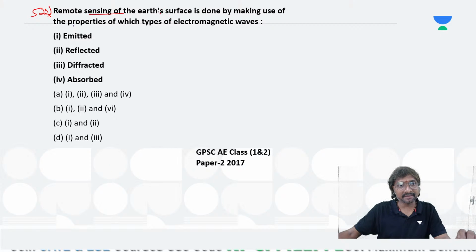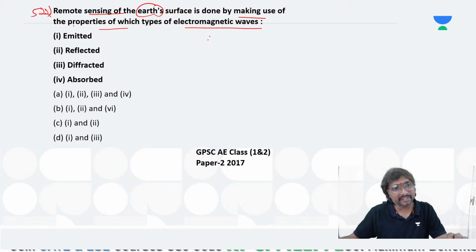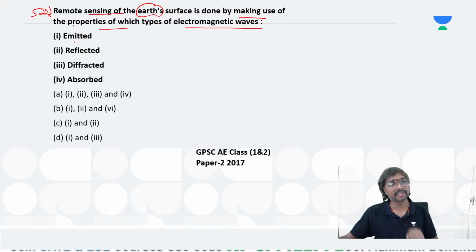Remote sensing of the Earth's surface is done by making use of which properties of electromagnetic waves? Emission, reflection, diffraction, absorption.